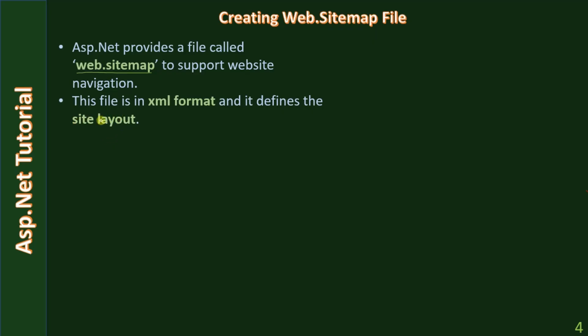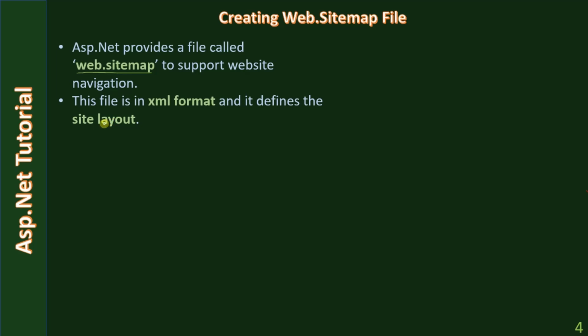This site layout is different from the layout that is created by the master page. Master page creates the layout in terms of visual appearance, but here this creates a site layout in the form of site navigation. So what is the home page?